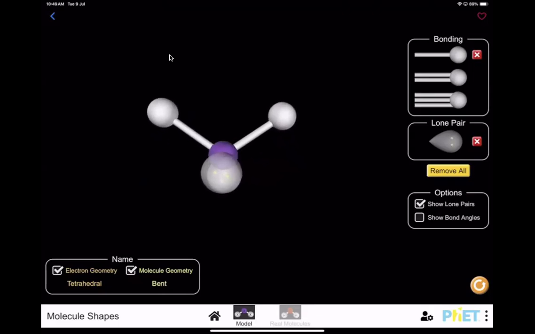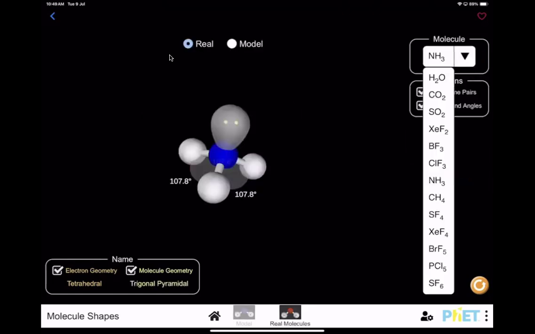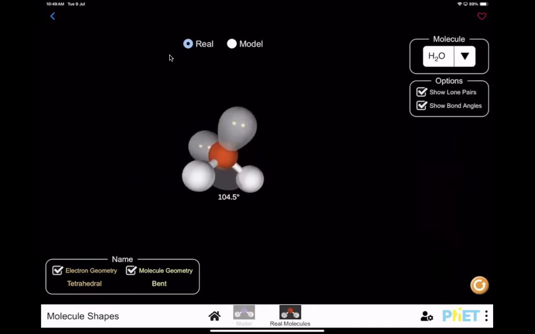Okay, so I will decrease the angle further by 2.5. If I subtract 2.5 from 107, it is going to be 104.5, right? Yes, sir. The model is showing 109.5, but when you see the water molecule, you will see the bond angle is 104.5.